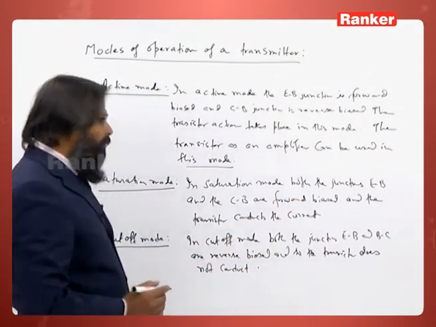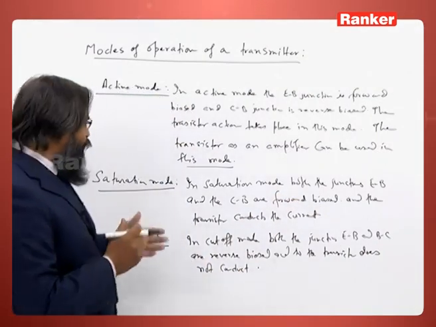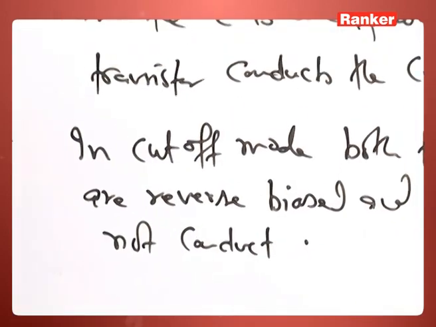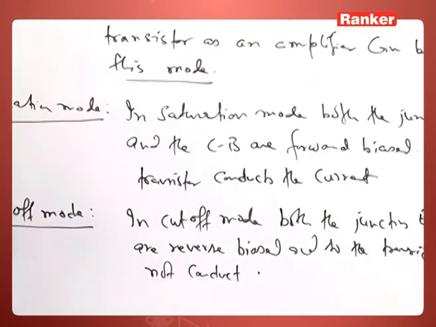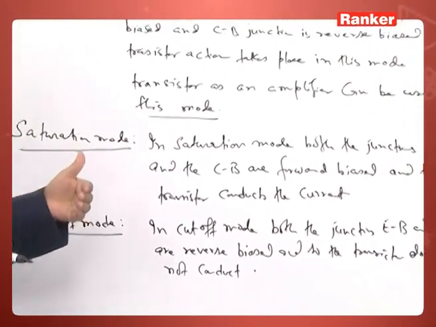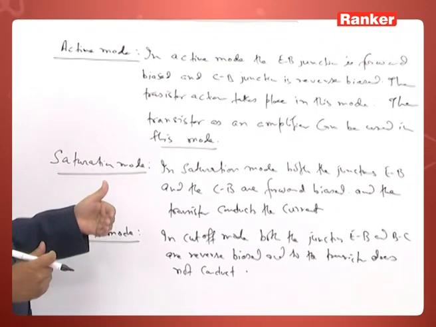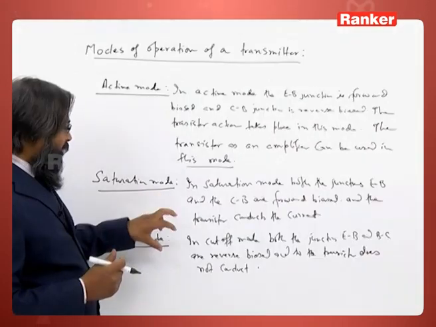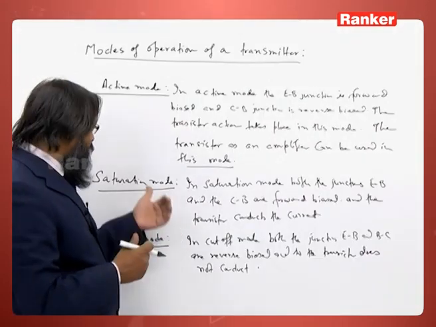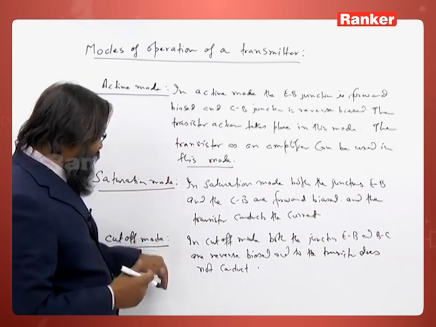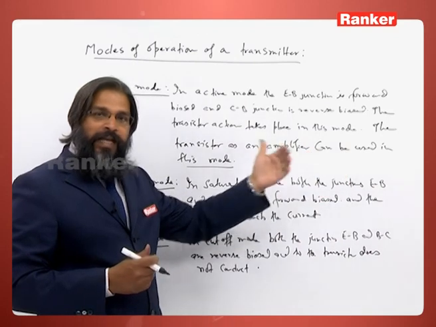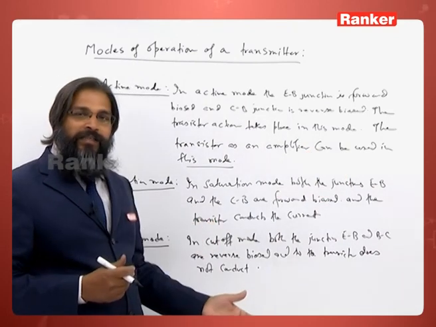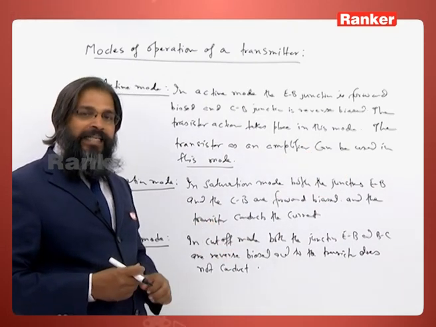Now, if I select my input conditions in such a way that my transistor is for some signal in saturation mode and some signal for cutoff mode, that means when saturation it will conduct and when cutoff it will not conduct. So, that can be used as a switch.